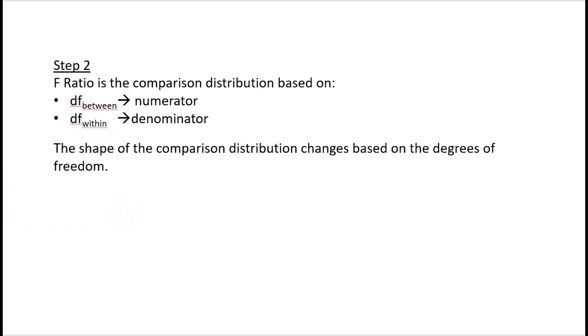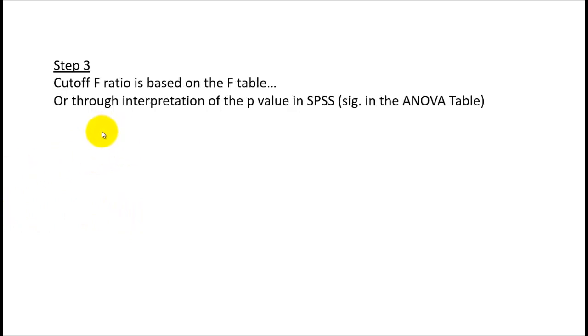Step 3, we need to find out what the cutoff F ratio is. And we do that by consulting our F table. And the way that we do that is we calculate the degrees of freedom between, the degrees of freedom within. By the way, degrees of freedom between are the numerator.